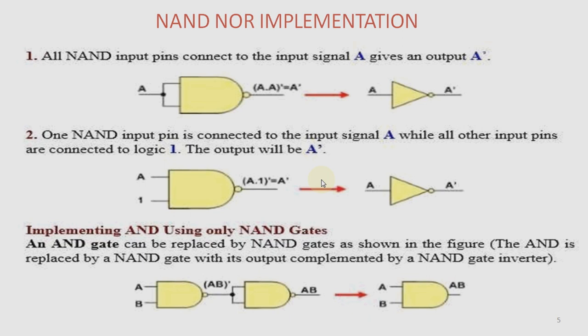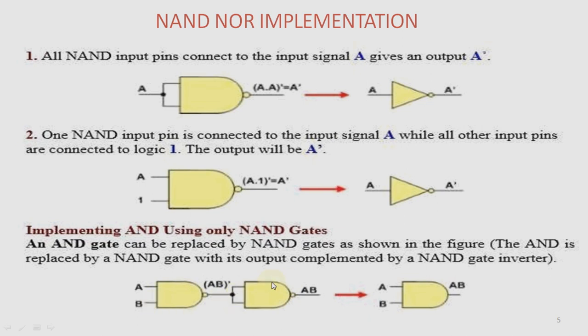Now we come to the implementation using NAND or NOR gates, that means making the basic gates with them. First, all NAND inputs are connected to the input signal A and give the output A complement. That means it makes the bubble, so it is a NOT gate. Using NAND gate, how can we make the AND gate?